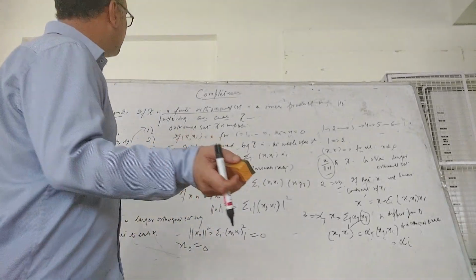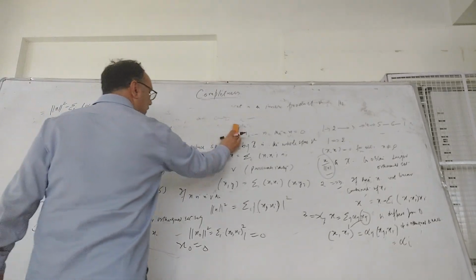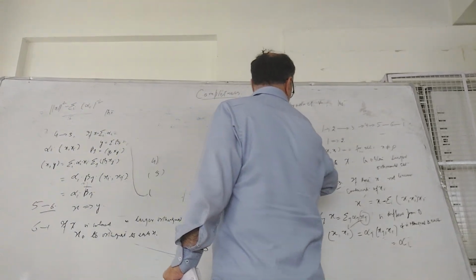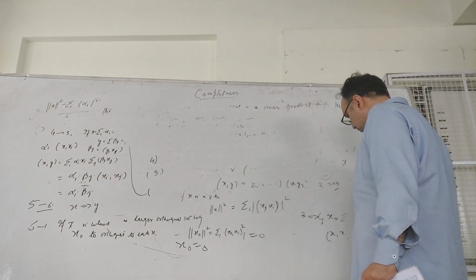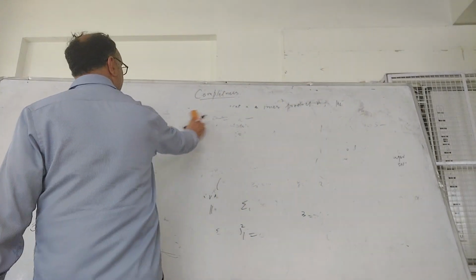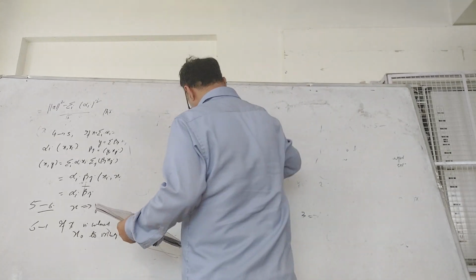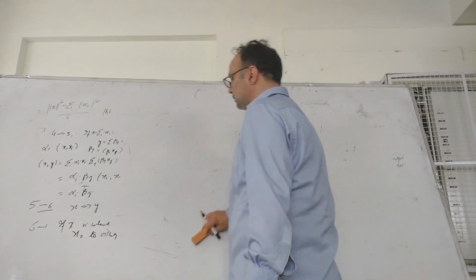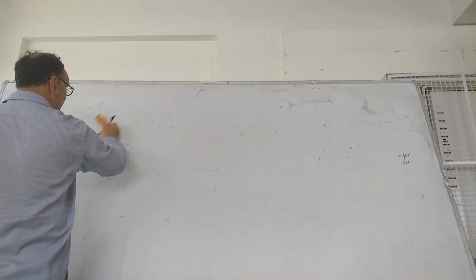So now there is another thing which is seen, something called Schwarz's inequality.